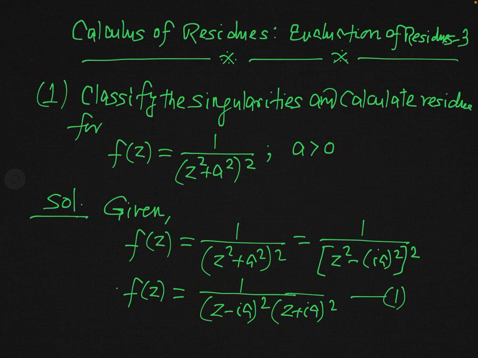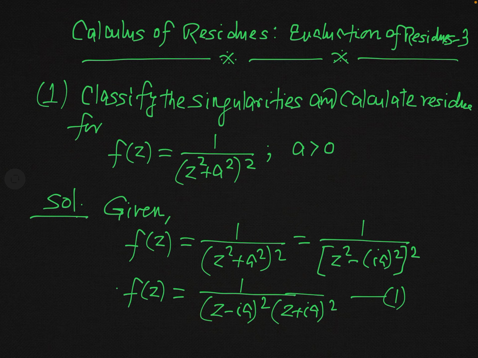For this, first of all, we simplify the given function. f of z is equal to 1 over (z squared plus a squared) whole squared, and we can write this as 1 over (z squared minus (ia) squared) whole squared. Since i squared is minus 1, the minus and this minus will be plus and the result remains the same.